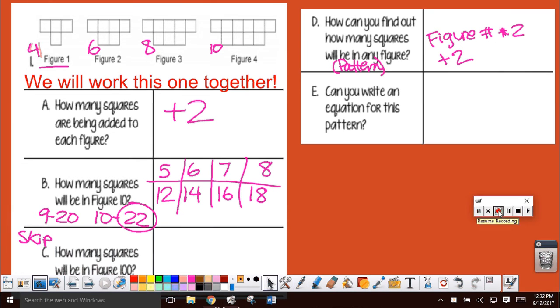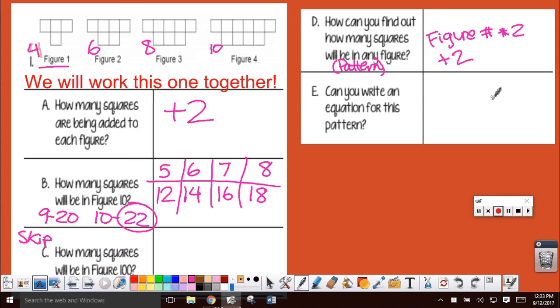Let's move on now to our equation. Can you write an equation for this pattern? Well, that's kind of a yes-no. Well, what do we need in an equation? Variables and an equal sign and plus, minus, divide, multiply, right? Well, we already have our multiply and add, so let's name our variables. Because right now, figure number is not a variable.